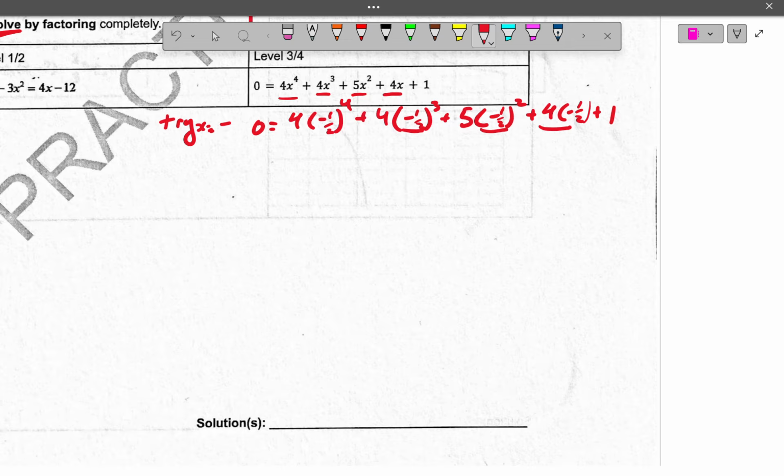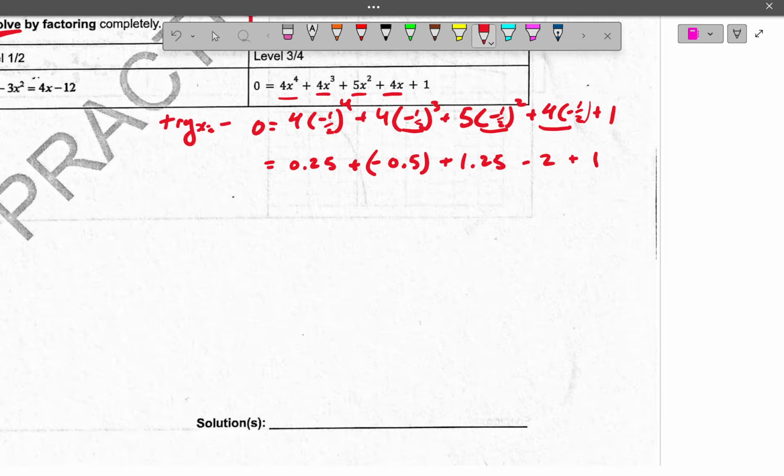Negative 0.5 to the fourth power times 4 gives me a quarter, 0.25, plus 0.5 cubed times 4, negative a half, 5 times 0.25 gives 1.25, minus 2 plus 1. So maybe this will work.